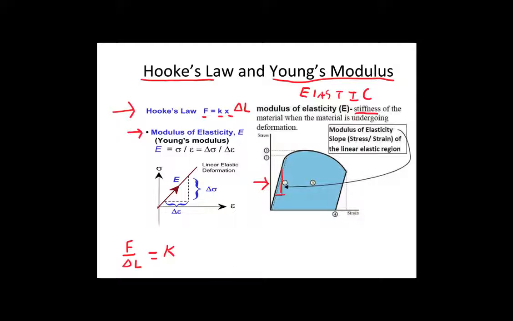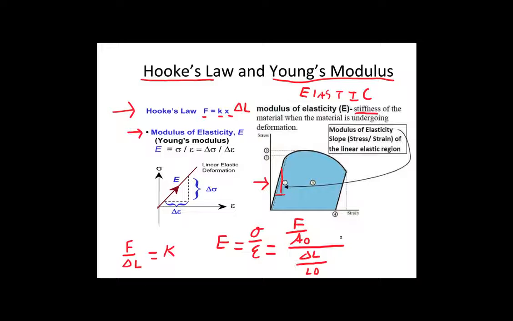Now we can see that elastic modulus, E, is equal to change in stress over change in strain, which is equal to, if we go back to our first slide, force divided by the original cross-sectional area, over that entire thing, change in length divided by the original length, which is represented here as L sub 0.